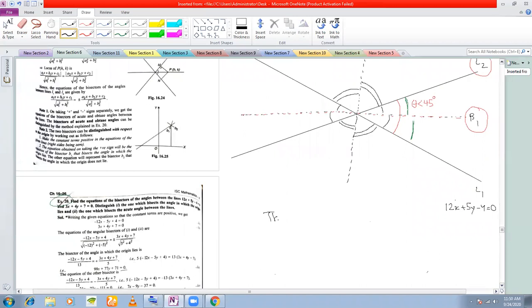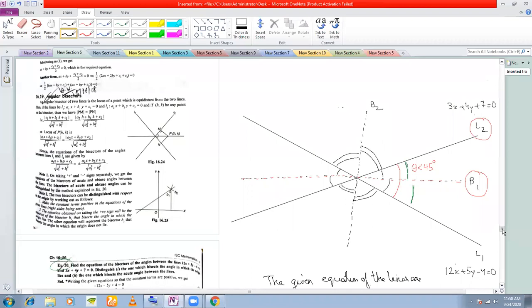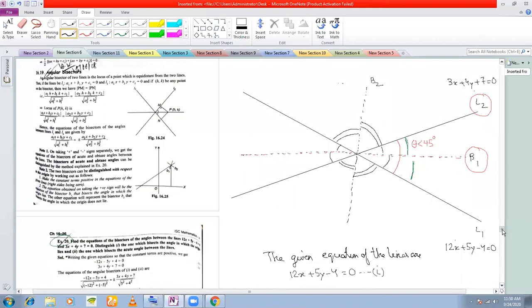The given equations of the lines are 12x plus 5y minus 4 is equal to 0. Call this 1. And the equation of the other line is 3x plus 4y plus 7.